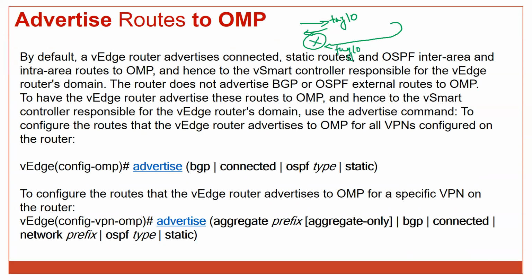Tag 10 means it is tagged with some specific routes, maybe X1 and X2. So when you receive the tag, you are assuming that you are receiving X1 and X2 routes. That means there will be an L3 routing loop, right?